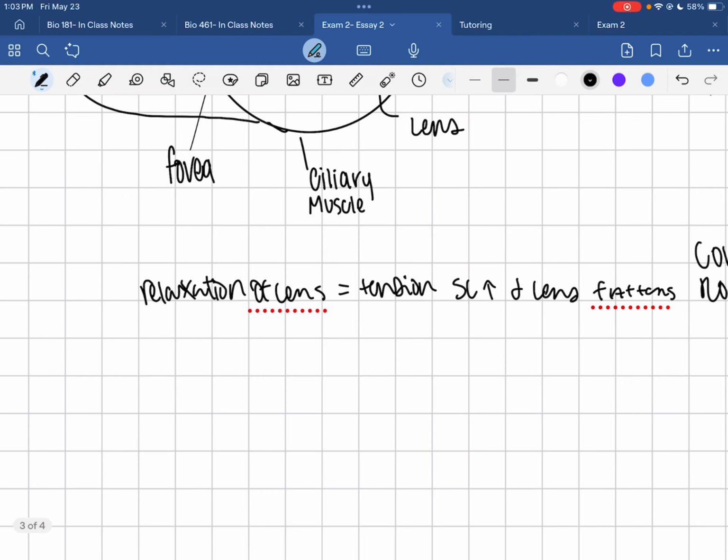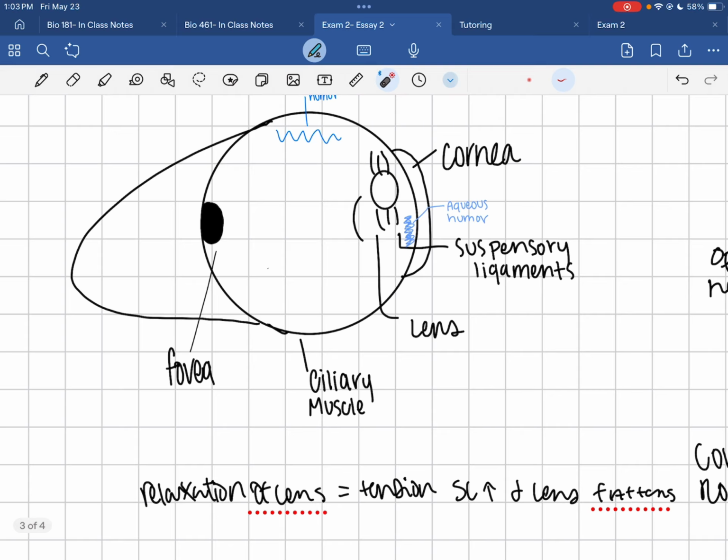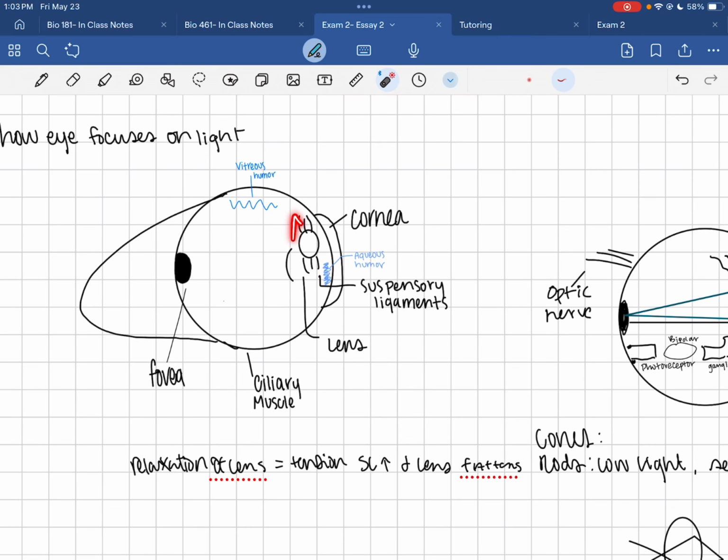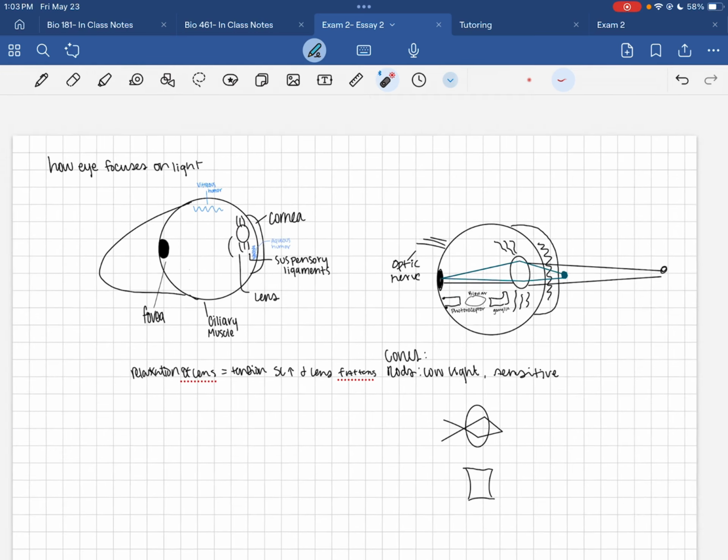And then we also have our anterior cavity, which is the space between the lens and the cornea. This one is where we produce our aqueous. Aqueous humor would be over here.